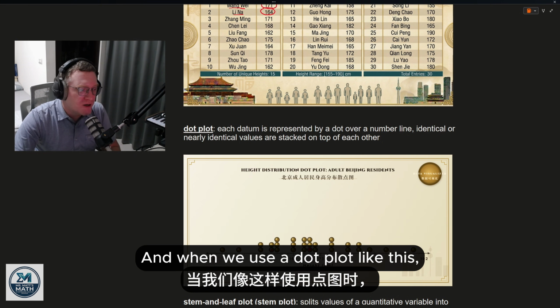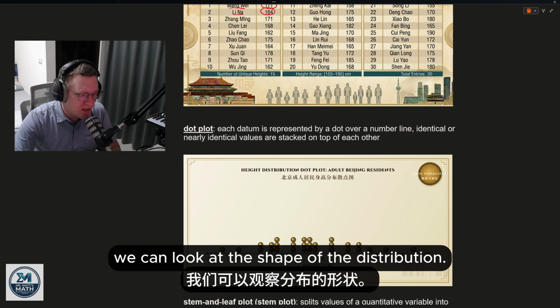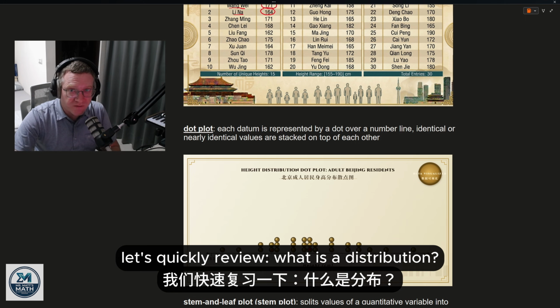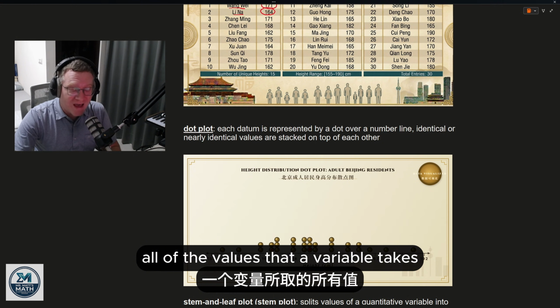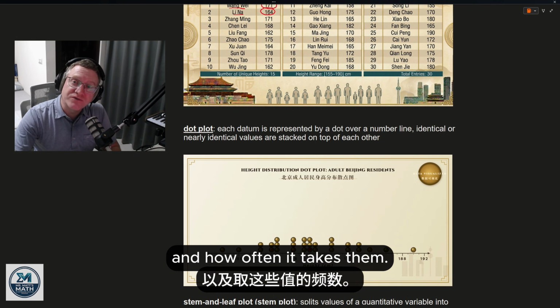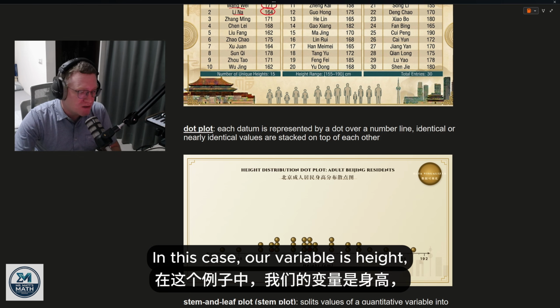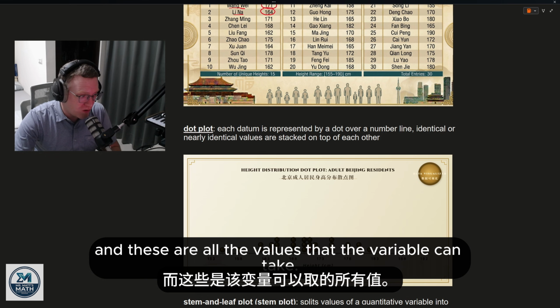When we use a dot plot like this, it's very helpful because we can look at the shape of the distribution. Let's quickly review: what is a distribution? A distribution is all of the values that a variable takes and how often it takes them. In this case, our variable is height, and these are all the values that the variable can take.